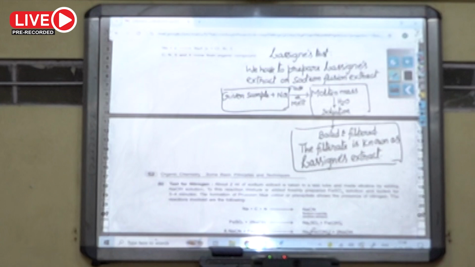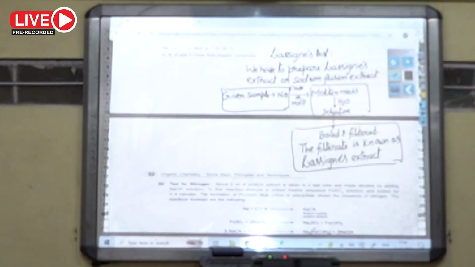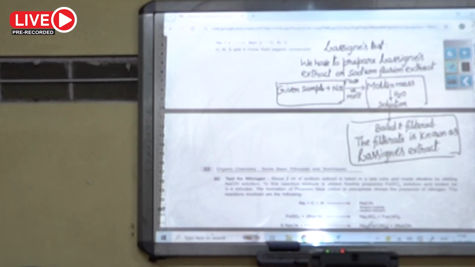Next, the reason for fusing the organic compound with the sodium metal. Take a pause. Actually, this is a very important question.